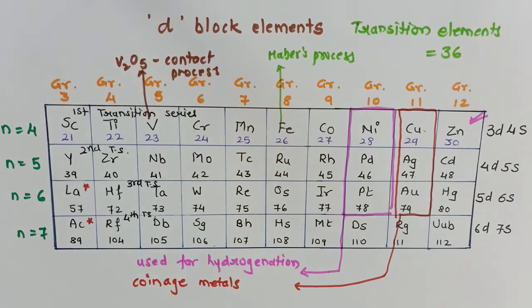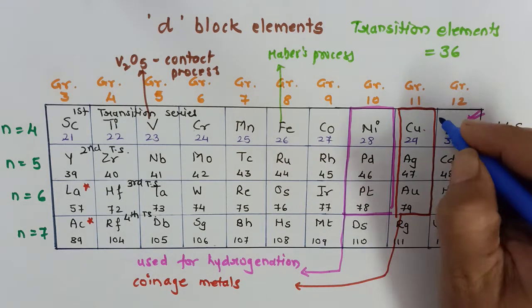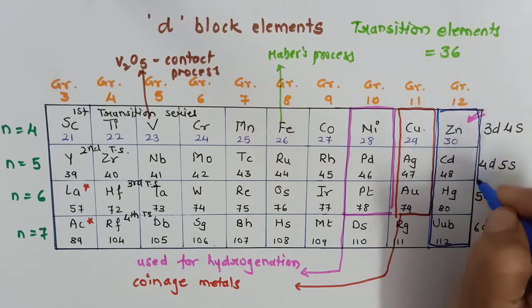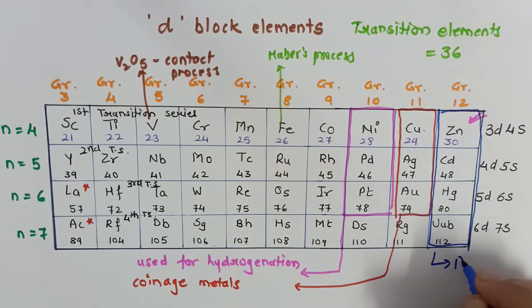Now I told you that there are 4 elements which are placed in D block, but they are not actually transition elements. These are zinc, cadmium, mercury and UUB. They are called as pseudo transition elements.